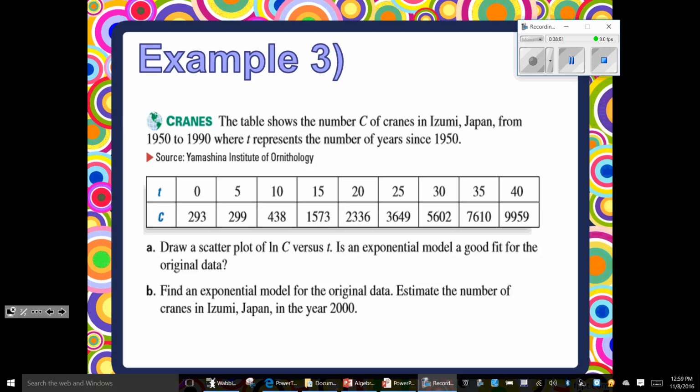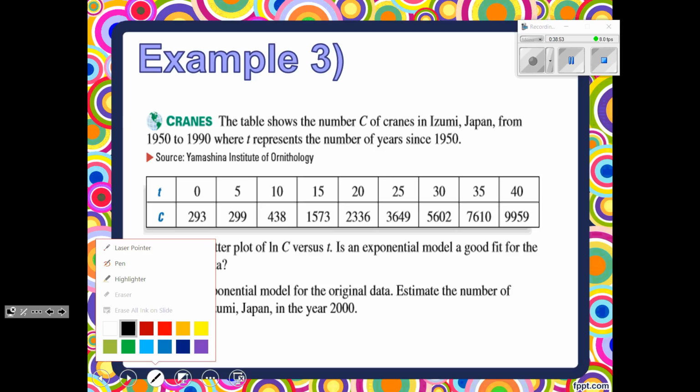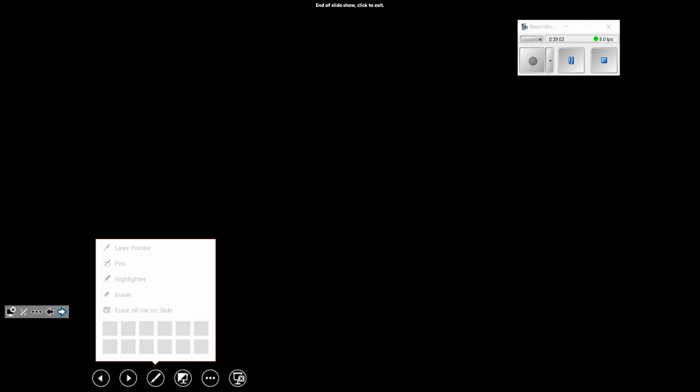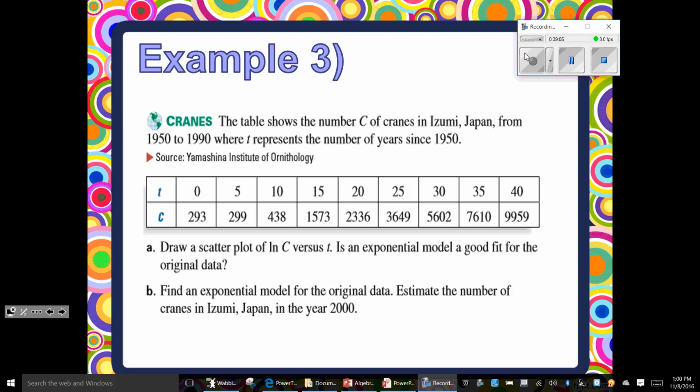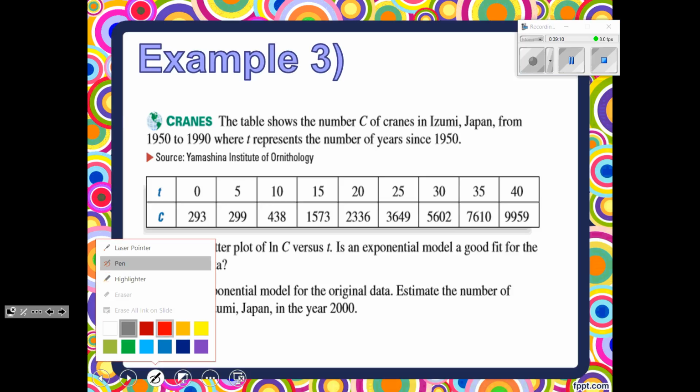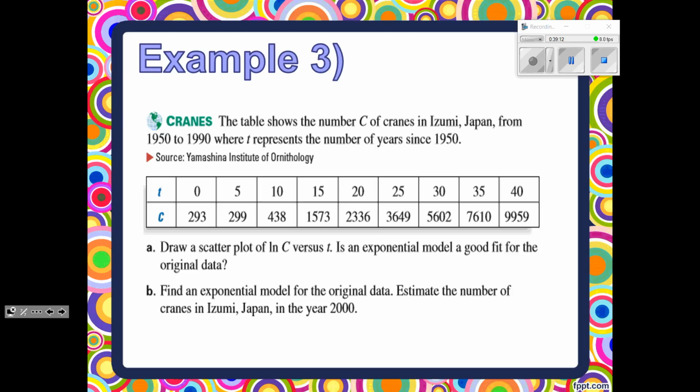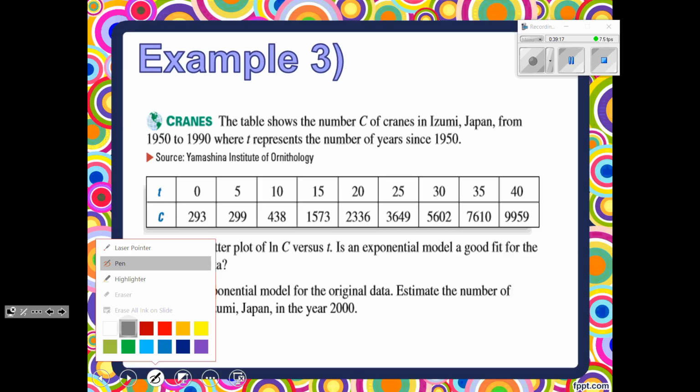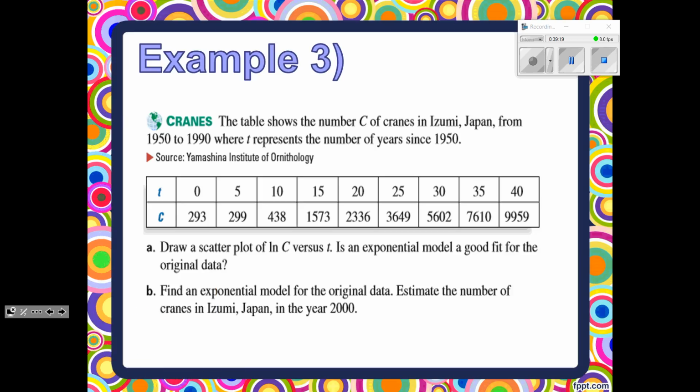Okay, if T is the number of years since 1950, that is going to make 0 1950. This is 1950.